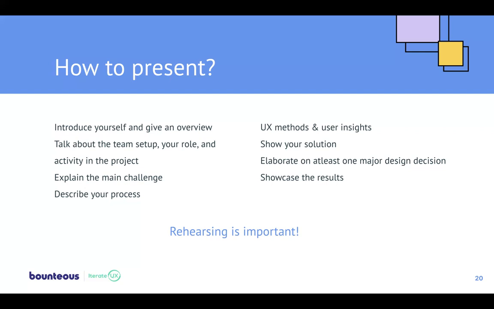That is extremely important. And the most critical is to elaborate on at least one major design decision. If you're including your UI prototypes, or if you're solving a particular problem in your UX thesis or hypothesis, mention why it is a major, extremely important decision for the users.